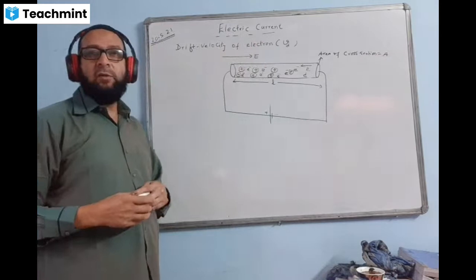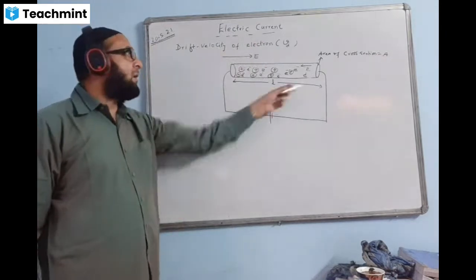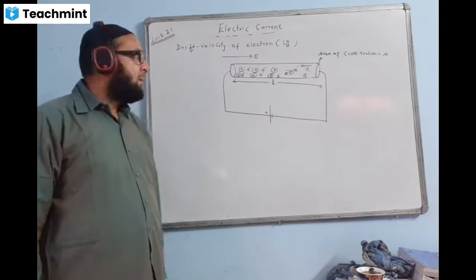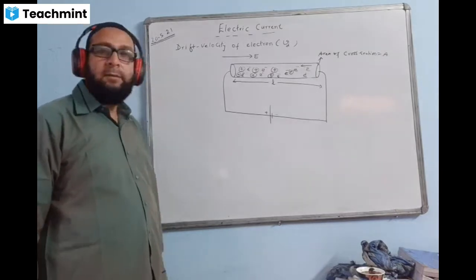Area of cross section is A, and length of the conductor is L.